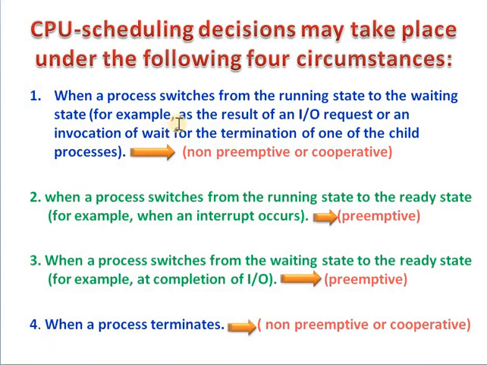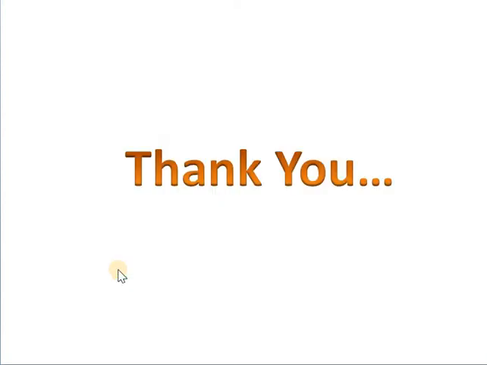Otherwise, the scheduling scheme is preemptive. There are four conditions, and depending on them the CPU scheduling decisions take place, which determines whether non-preemptive or preemptive scheduling is required. Okay, thank you.